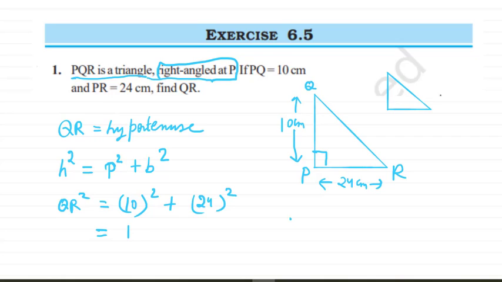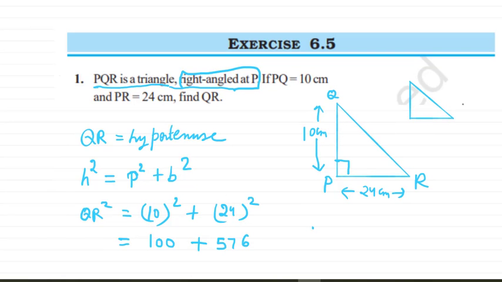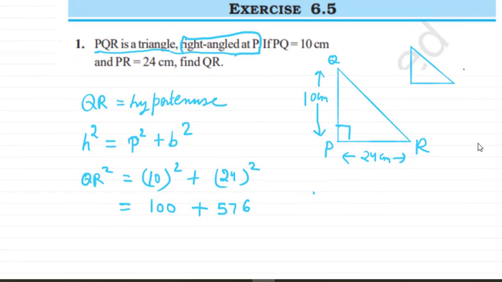Now 10 square is 100 plus 24 square, you have to write. So here we will get 576, that is the square of 24. So you add it, you will get 676. So QR square came 676.